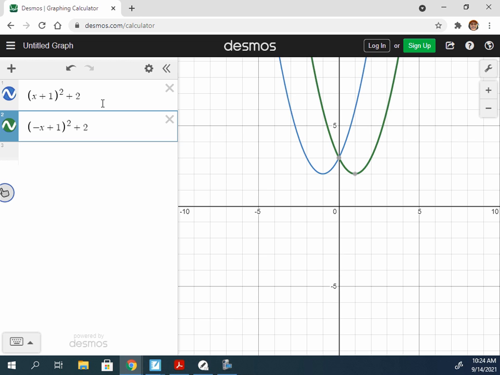Y'all see that now there is a change? Because now every point is reflected across this line. Since it's not on the center of it, it's not reflecting on top of itself anymore. The vertex, instead of being at negative 1, 2, is now at 1, 2. It will reflect.